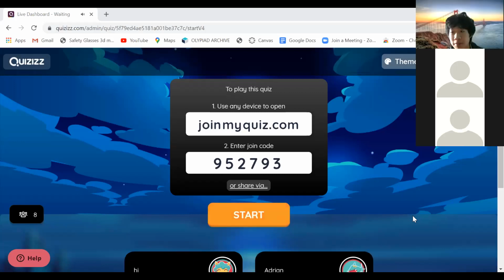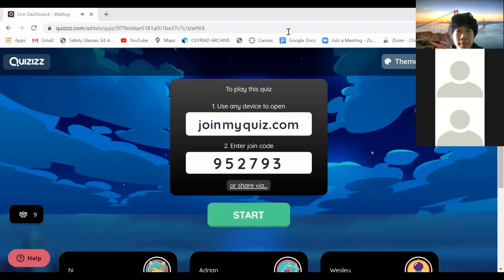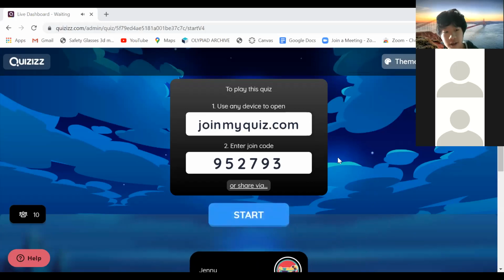We should have around 10 people at the end, if everyone's participating. Waiting for 2 more, and then we'll get started. So I think I might have to end the Zoom a little early, but if I do end the Zoom, keep going on the quizzes.